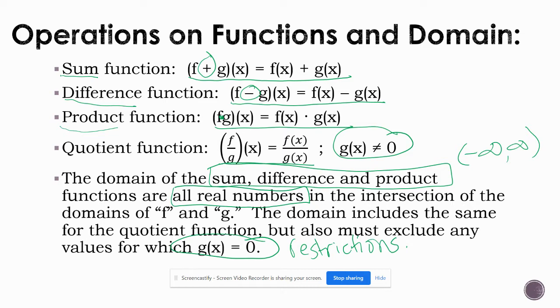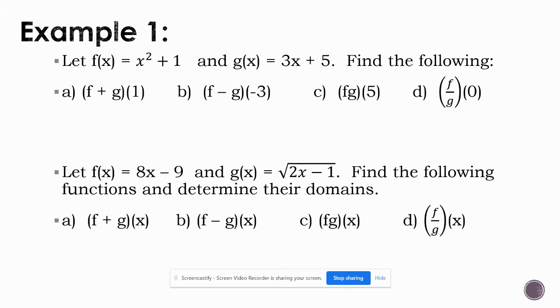So let's try some. If we have f is x squared plus 1 and g is 3x plus 5, find the following. Well, this is asking us to add them. And it's saying take x and change it to 1.